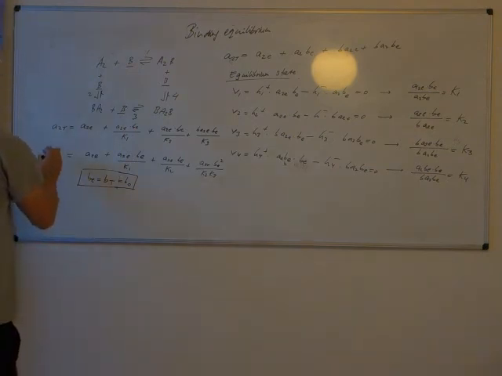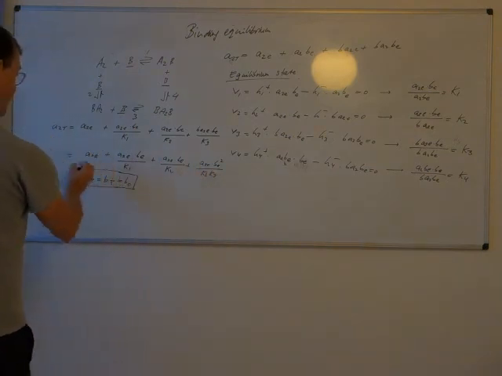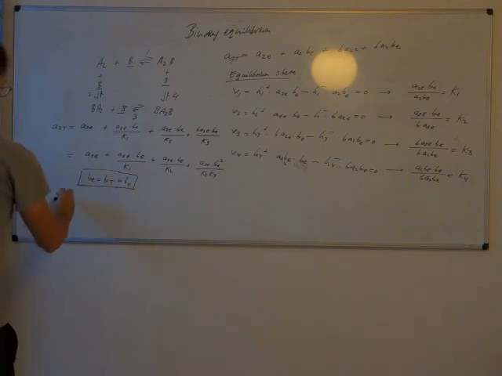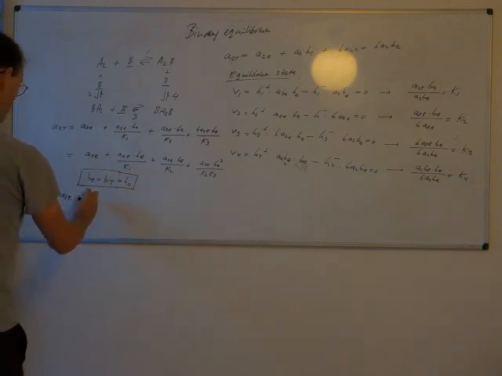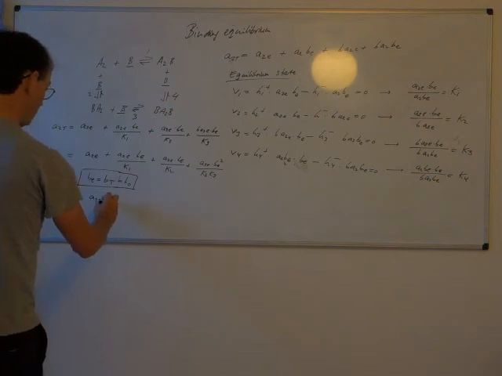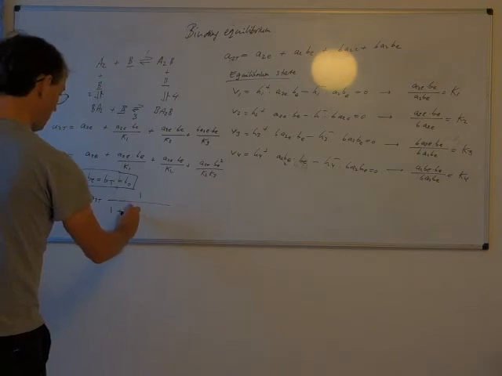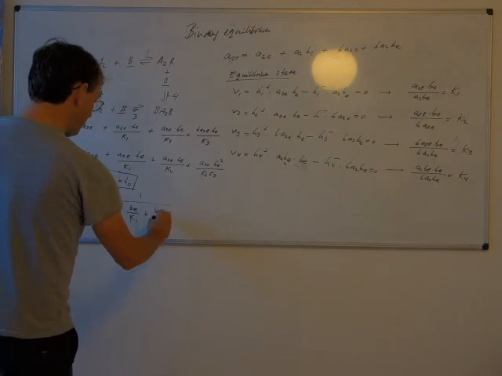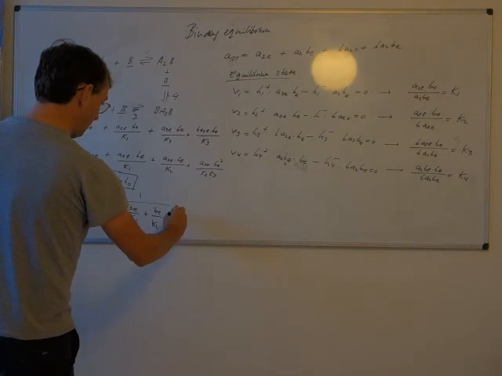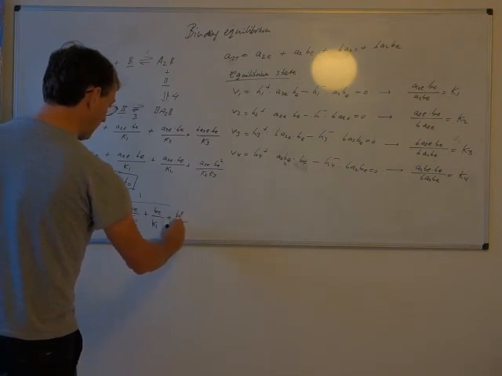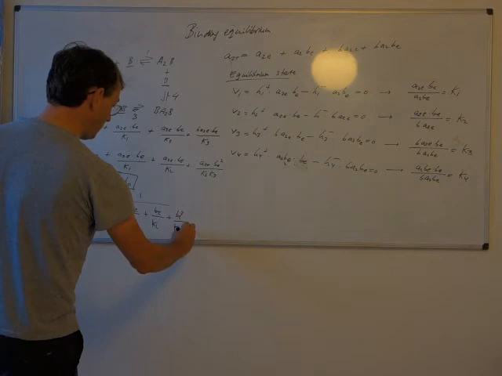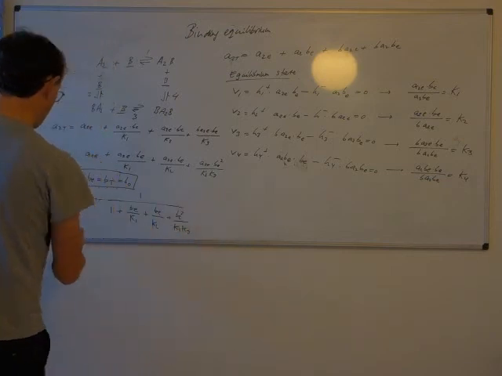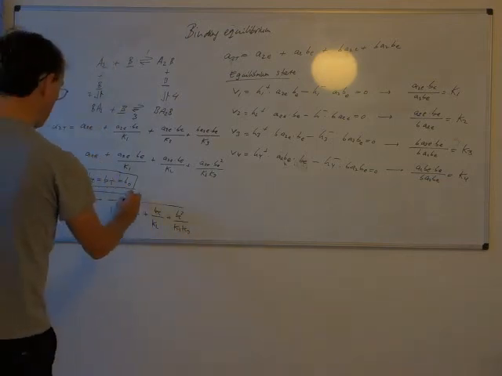So in fact, I can use this equation now and solve for A2E. So A2E now is going to be equal to A2 total divided by 1 plus BE divided by K1 plus BE divided by K2 plus BE squared divided by K2 times K3. So this is my concentration of the free A.